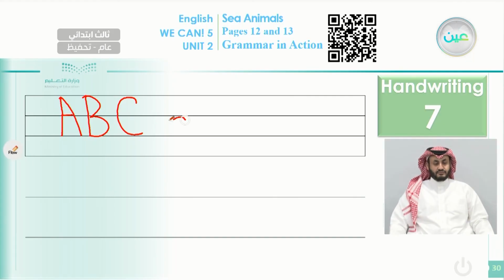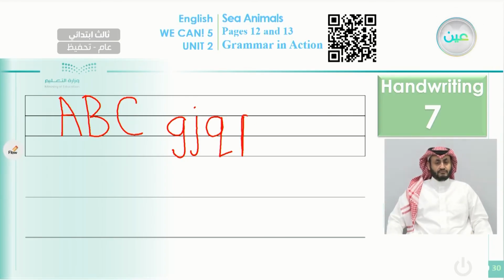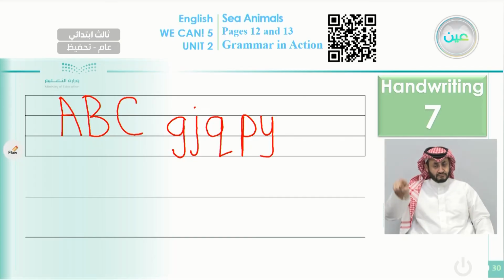The first one is the G. The second one is J. And also we have Q. We have P and Y. Only these 5 letters go under the line.